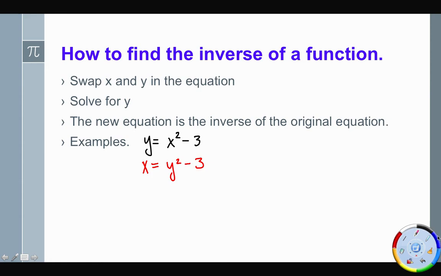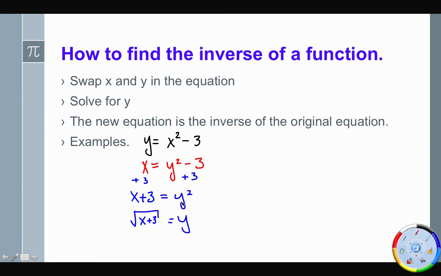And then we have to go through the process of solving for y. So we're going to add 3 to both sides. We get x plus 3 equals y squared. And in order to get y by itself here, you are going to need to take the square root. So we get y equals the square root of x plus 3.